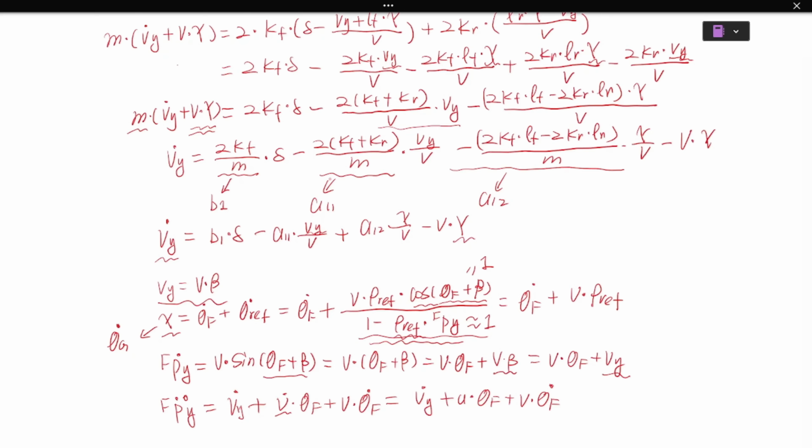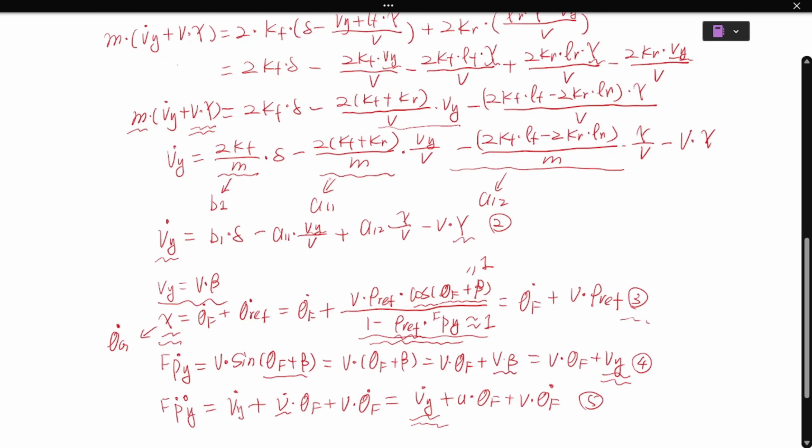Now, we call this equation 2, and this is equation 3, 4, and 5. We replace gamma in equation 3, vy in equation 4, and vy dot in equation 5 into this equation.